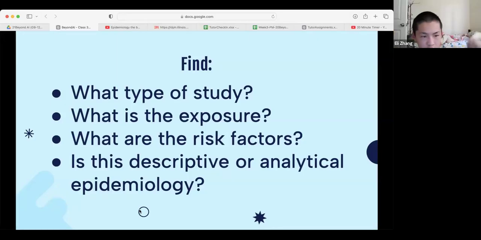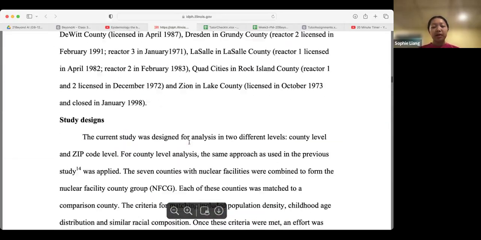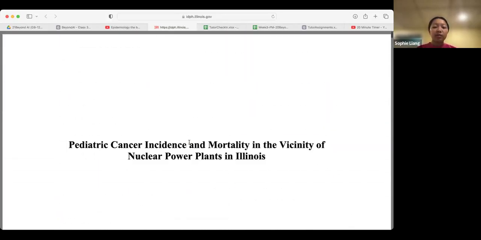Have percentages. Yeah, there are percentages, but I think I would say this is more descriptive because it's like who, where, and when. I feel like it's more observing what's happening, and less about finding out why or how.